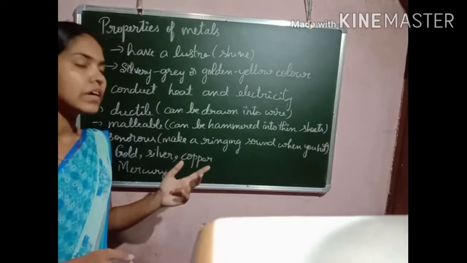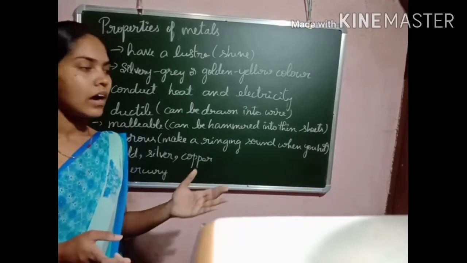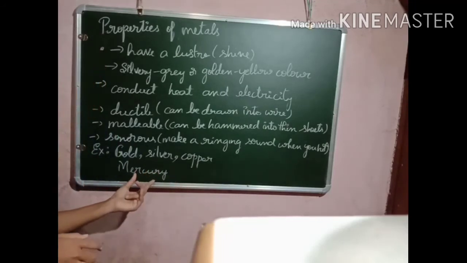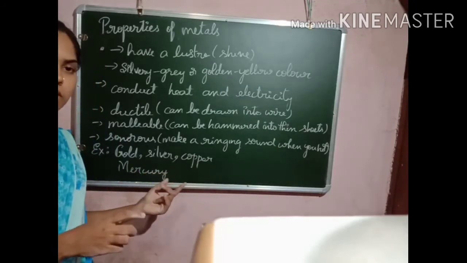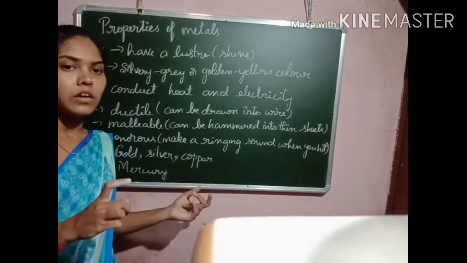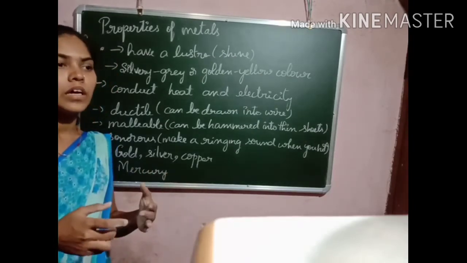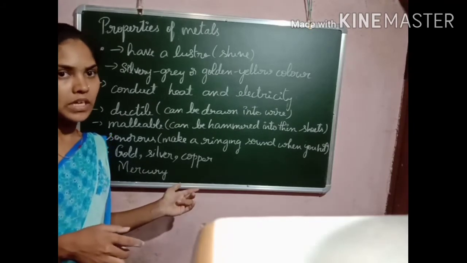Gold, copper, silver, iron are all solid at room temperature, but only mercury is liquid at room temperature. Mercury is the only metal available in liquid state at room temperature.